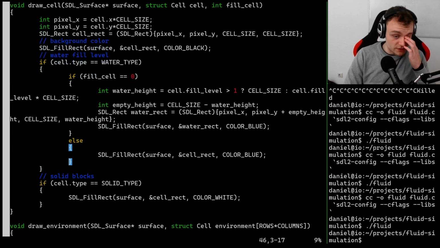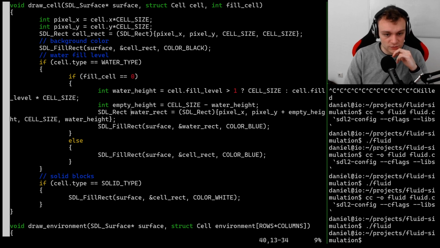If the cell type is a water type cell, if fill site cell is false, then we calculate the heights of the rectangles to be drawn. Else we just create a completely filled block.